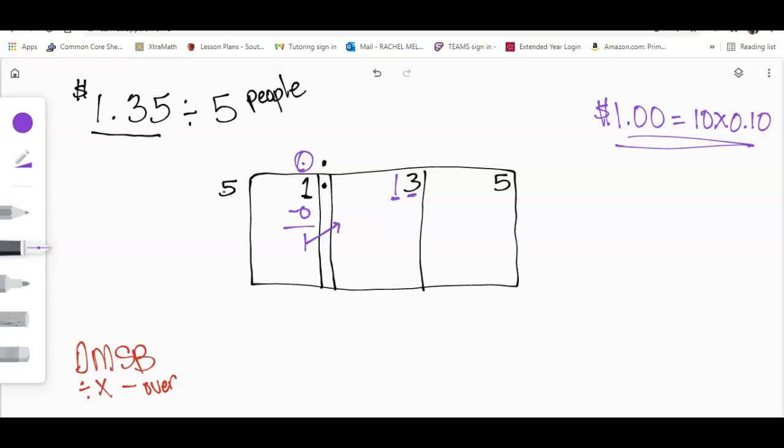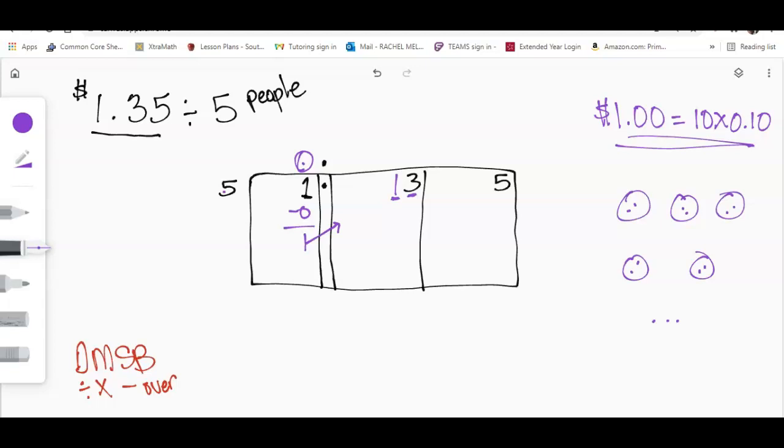Well, if I have 13 dimes, I can share that between 5 people, can't I? Because if I have 1, 2, 3, 4, 5 people and I have 13 dimes, I can just share them out. 1, 2, 3, 4, 5, 6, 7, 8, 9, 10, right? And then I'd have 3 left over.